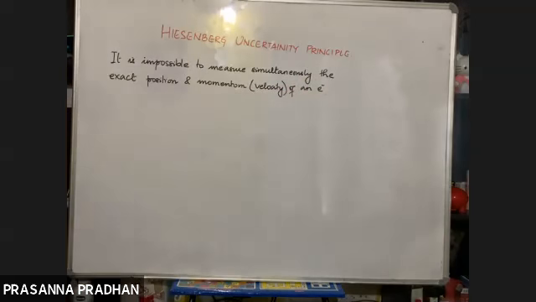So it is impossible to measure simultaneously the exact position and momentum of an electron. So this is the statement, right?